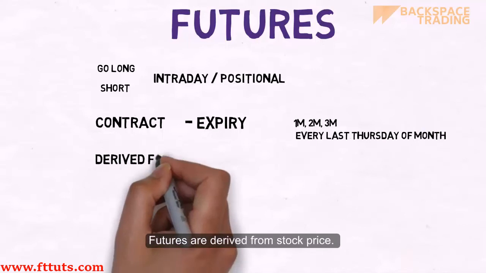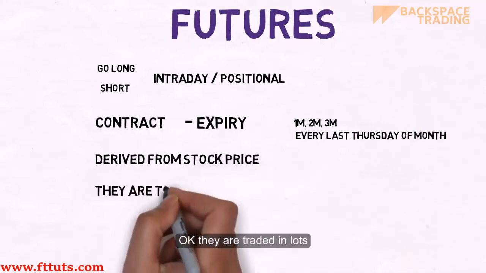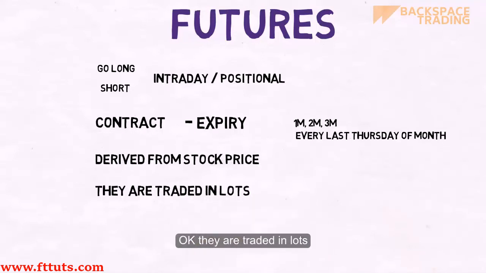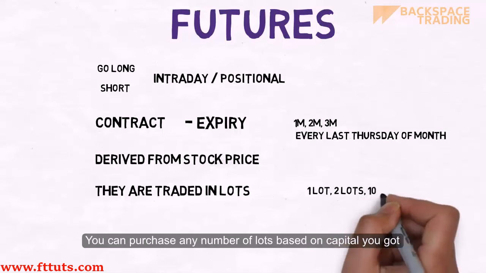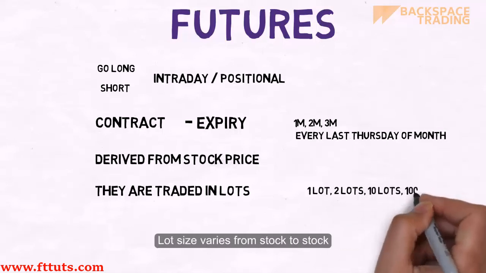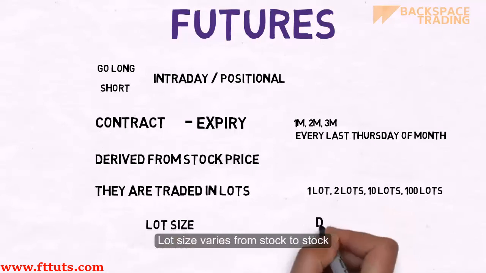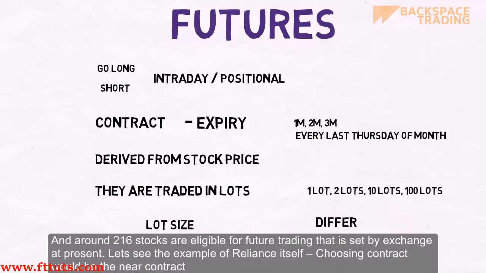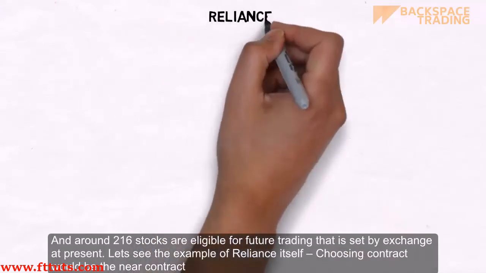Futures are derived from stock price. Okay, they are traded in lots. You can purchase any number of lots based on the capital you have. Lot size varies from stock to stock, and around 216 stocks are eligible for futures trading, that is set by the exchange at present. Let's see the example of Reliance itself.